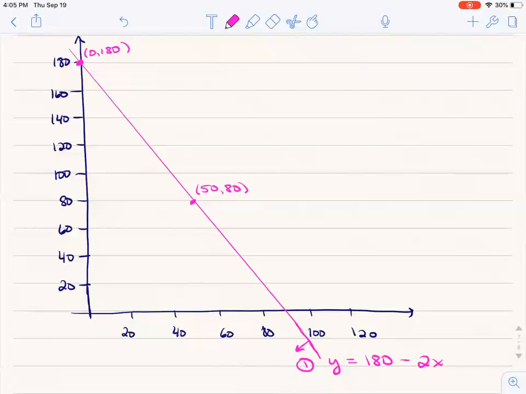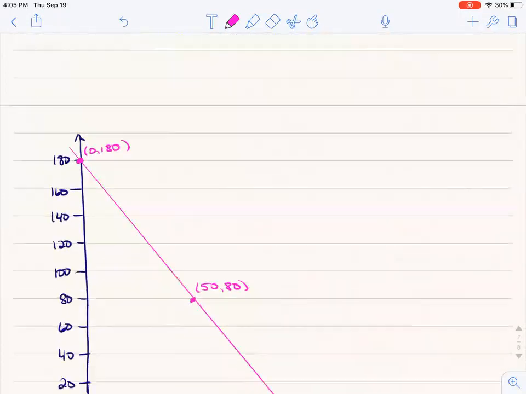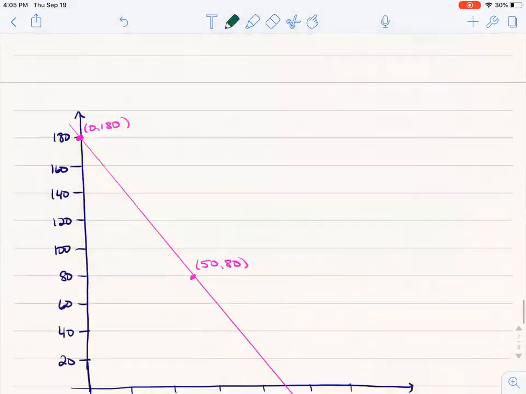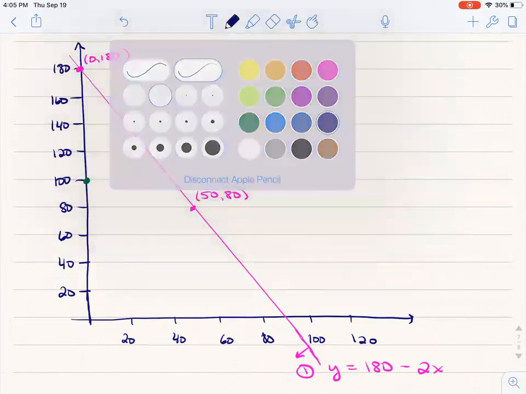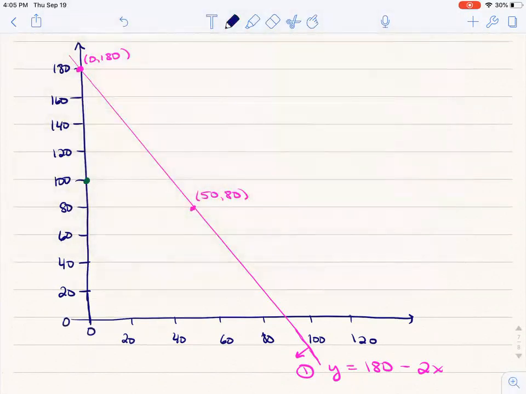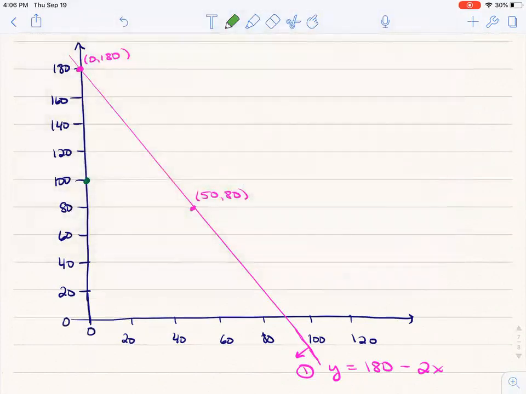Ready to draw the second line on here? Okay. We have a point at 0, 100. So 0, 100. Oh, I guess I should label the zeros. 0, 0. Make it light green. So this is at 0, 100.